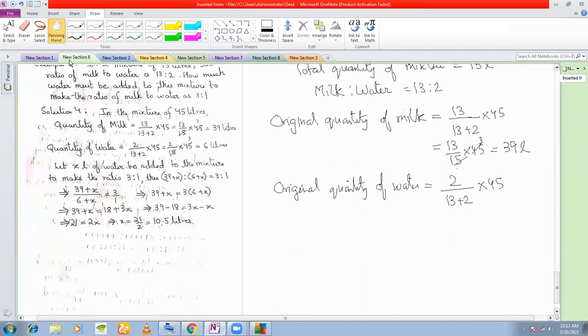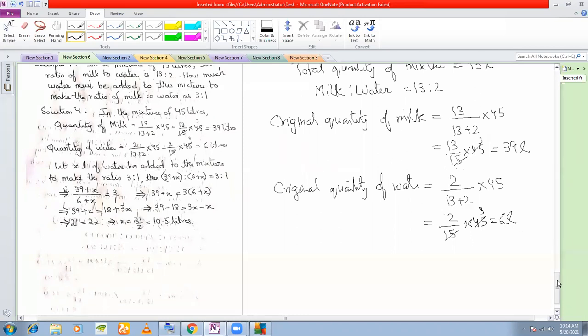Or you can simply subtract 39 from 45 to get the original quantity of water also. That way also it will work. 2 by 15 into 45, so this you get 6 liters. So 39 liters and 6 liters was the original quantity of milk and water in the mixture.